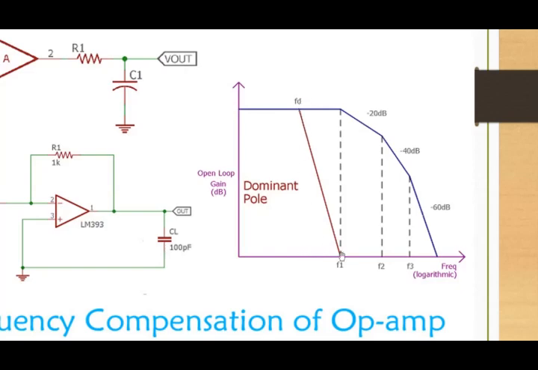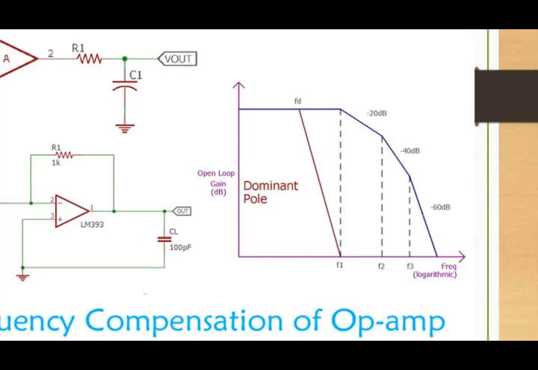Before that the bandwidth is here, but by introducing this dominant pole, the bandwidth has fallen. But we can overcome these three attenuations. So this is how the dominant pole is going to provide.